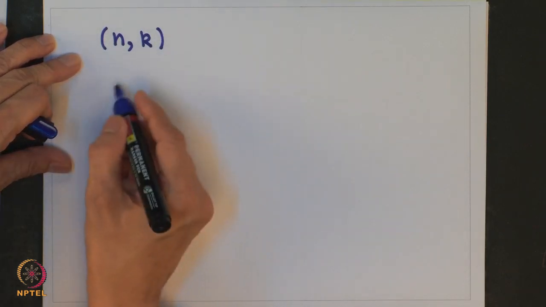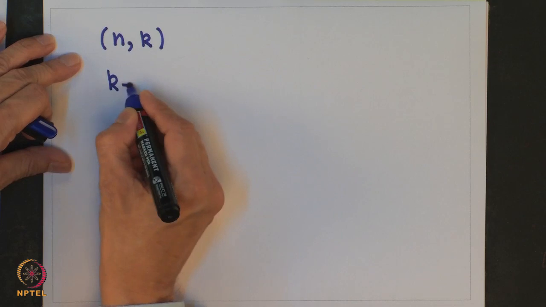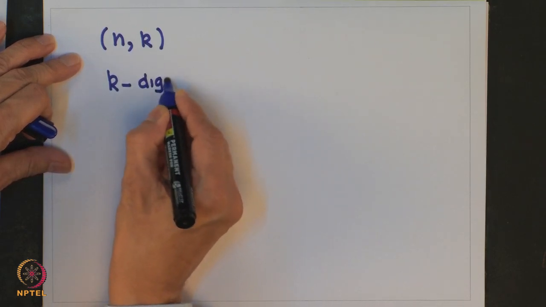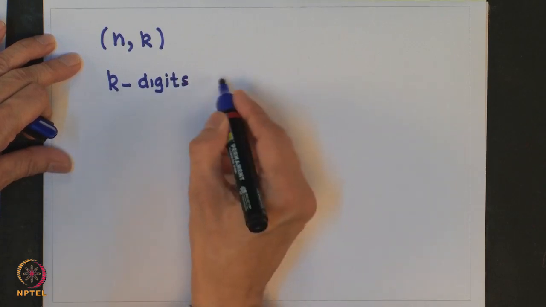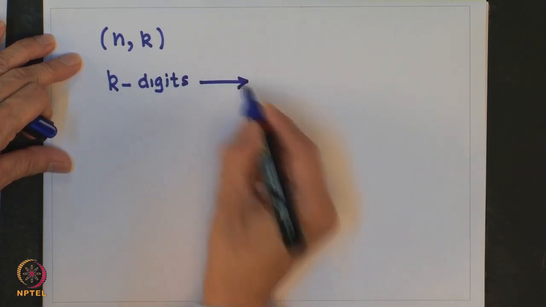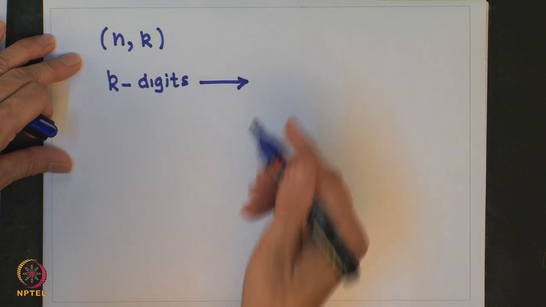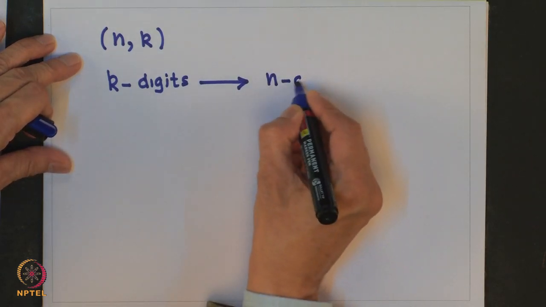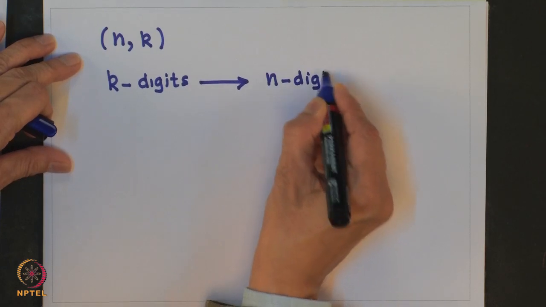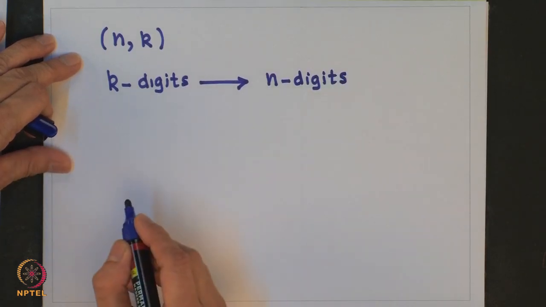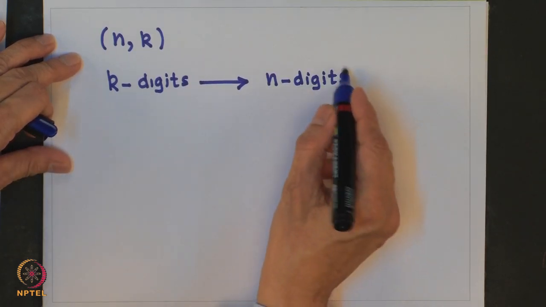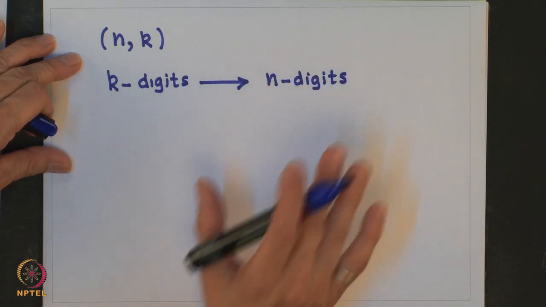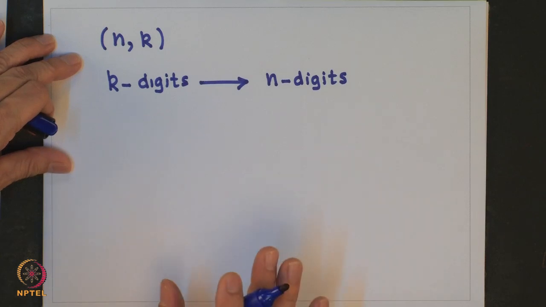A block of k message digits is mapped to a larger block of n code word digits, and the digits are chosen from a given alphabet of elements.